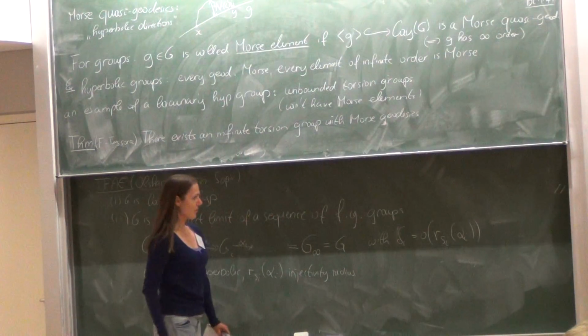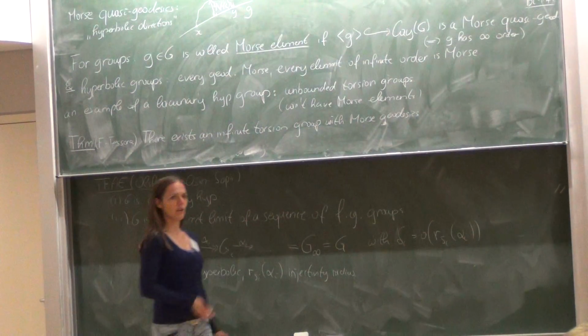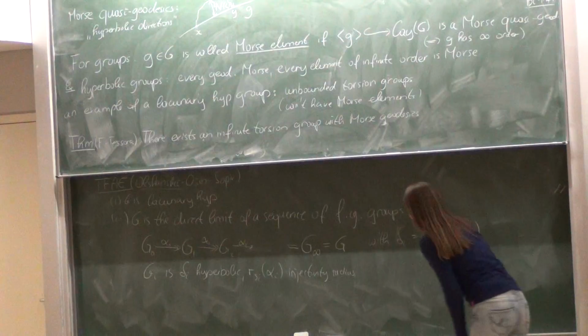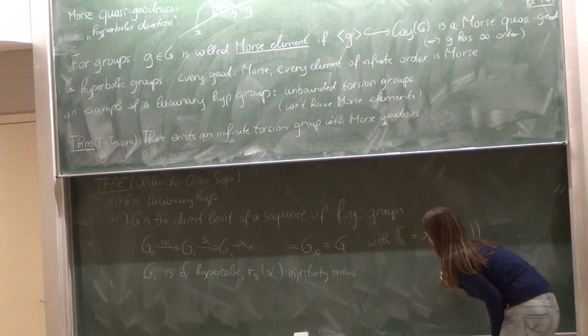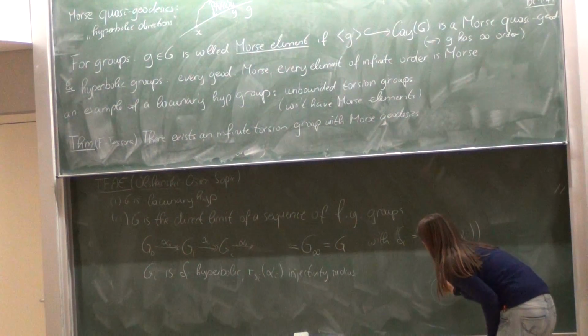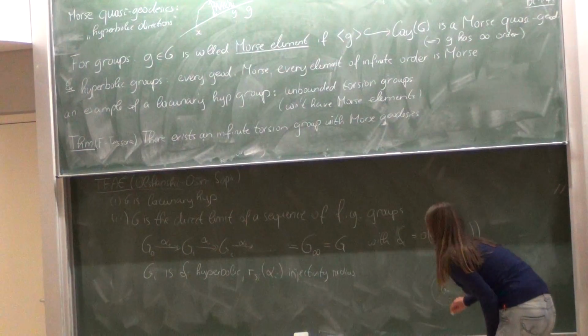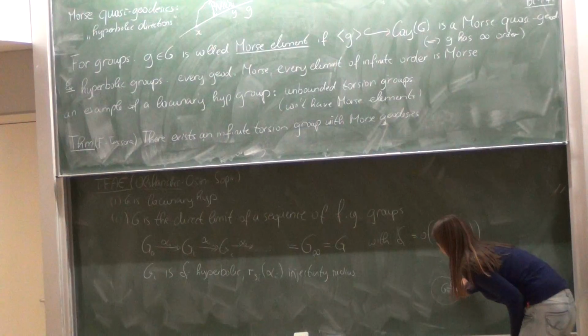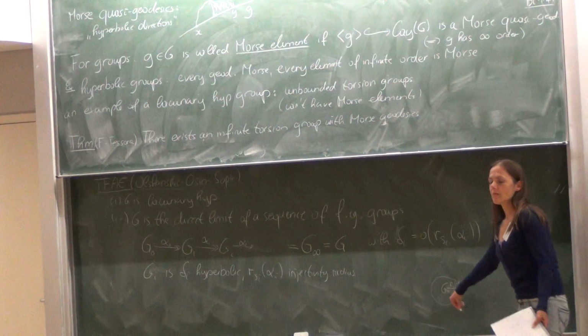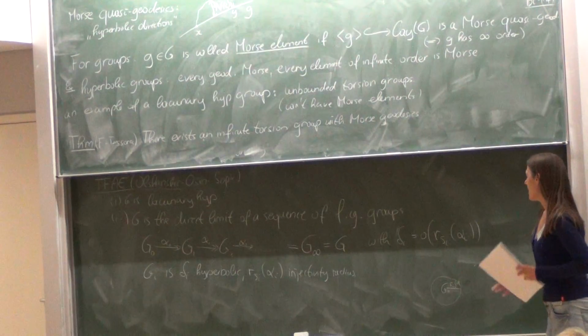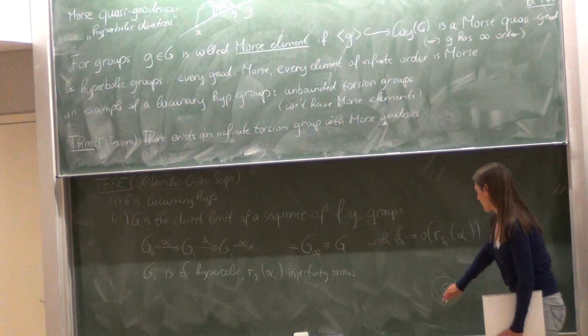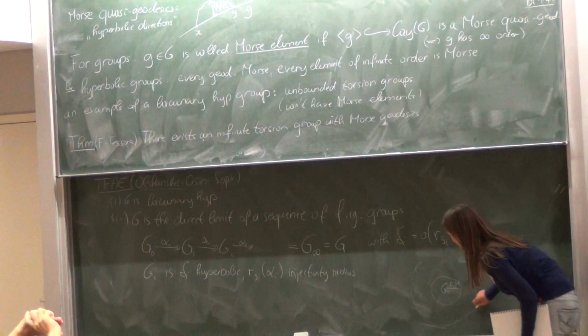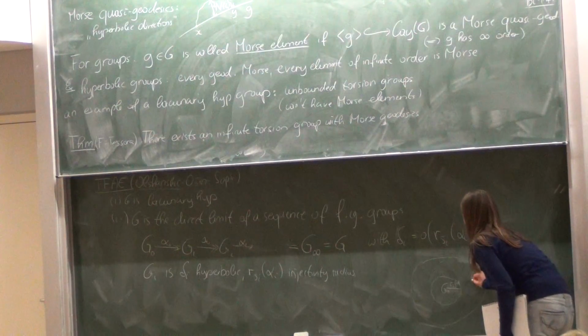Okay, I'll draw a picture to illustrate how we can imagine this. You start with the group G0, and inside is a ball of radius r_0 for alpha 0, which will never change. Whatever quotient you form, this ball remains the same, and outside of it you hit your group G1.